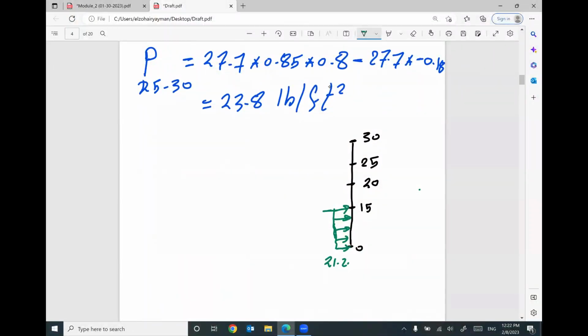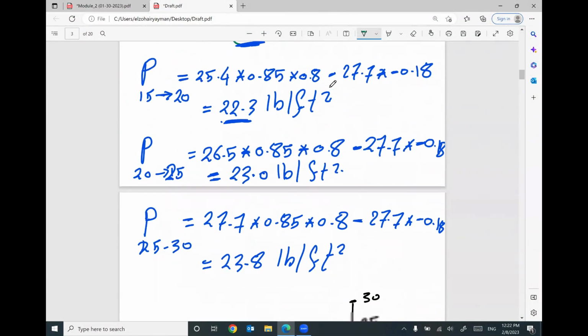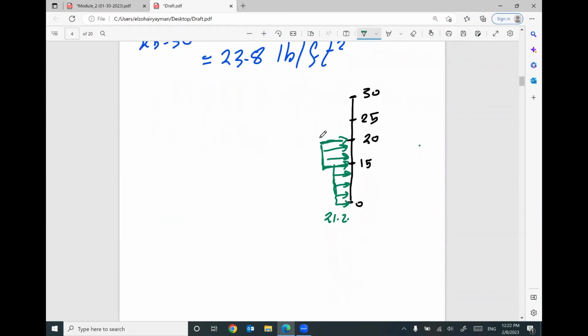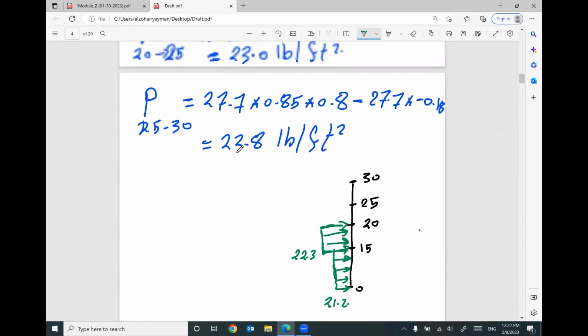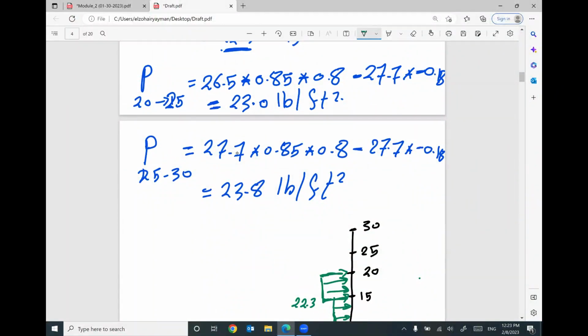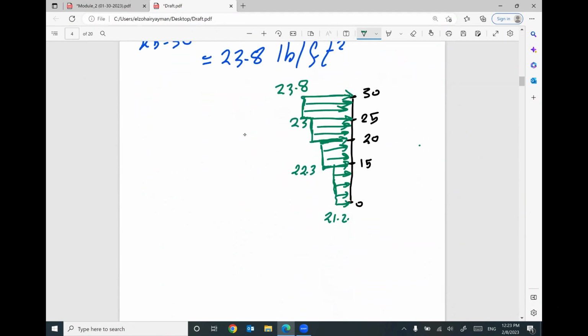From 15 to 20, this pressure becomes a little bigger, 22.3. From 20 to 25, 23. From 25 to 30, the pressure becomes a little bigger, 23.8.